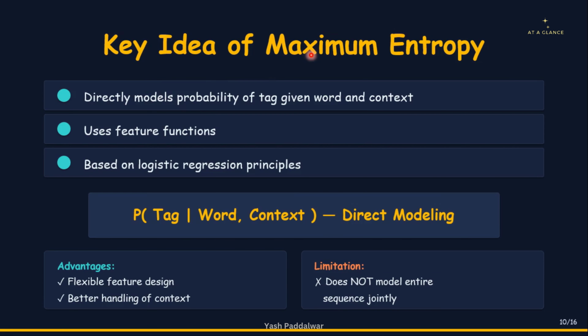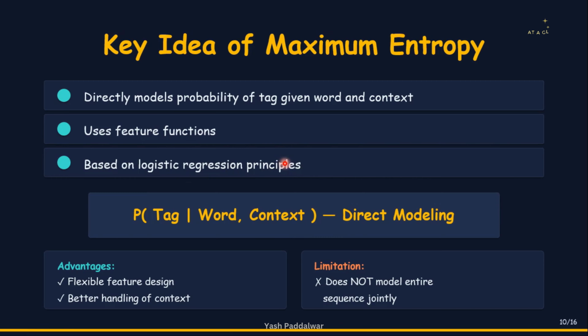Now, the key idea of maximum entropy is that it directly models the probability of a tag given the word and context. For example, over here you can get the probability of a tag given that the word is there along with its context. So we get direct modeling. It uses feature functions, which we have already seen before. It is based on logistic regression principles. This you need to understand.